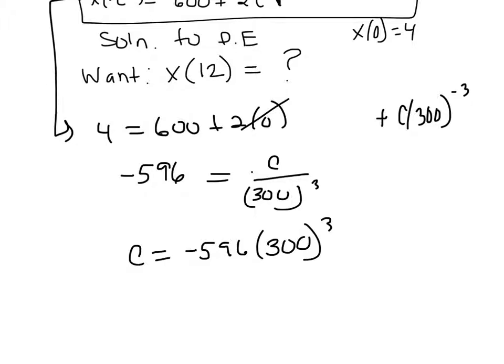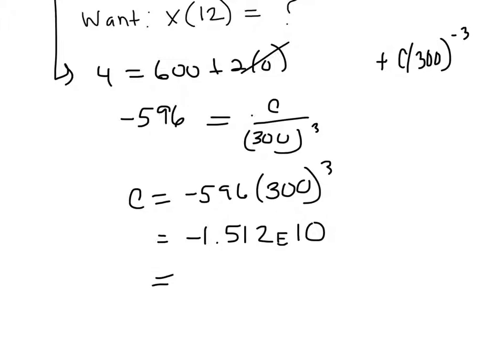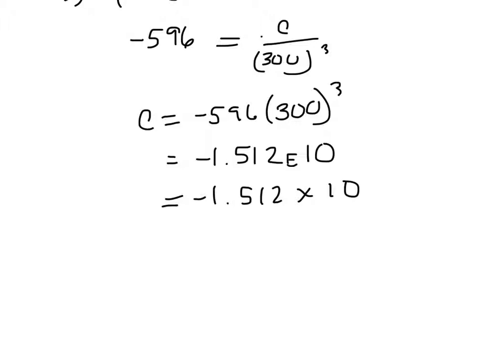And on my calculator, I get negative 1.512, and then I have a little e to the 10th, which really means this is negative 1.512 times 10 to the 10th, and this is just scientific notation, so we move the decimal 10 spaces to the right: 1, 2, 3, 4, 5, 6, 7, 8, 9, 10.